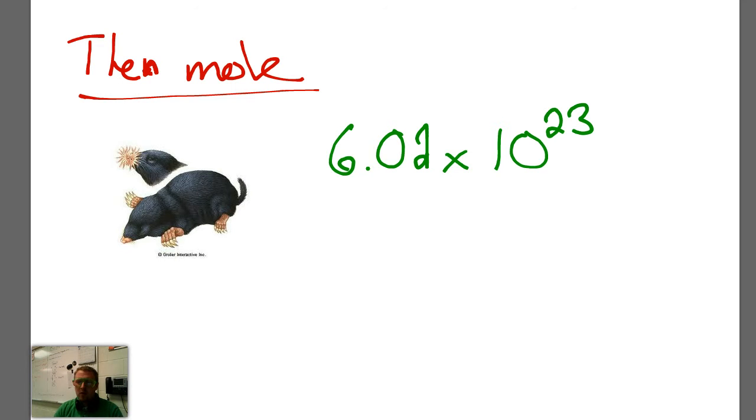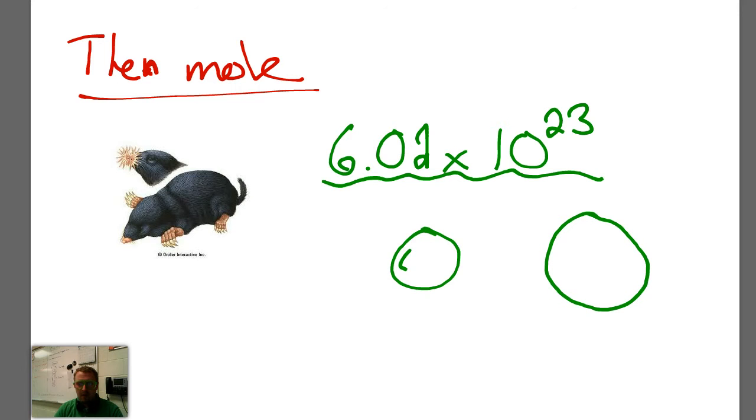Now, to give you perspective on how big this number is, if you had this many marbles, like the little marbles that you used to play with, and you'd have them in a circle maybe on the ground, and you'd toss one in and it would knock the other ones out, okay? If you've ever played marbles, that's how you play. They're only about the size of maybe the tip of your thumb, maybe not quite that large.